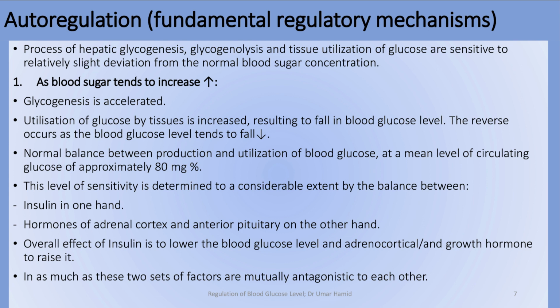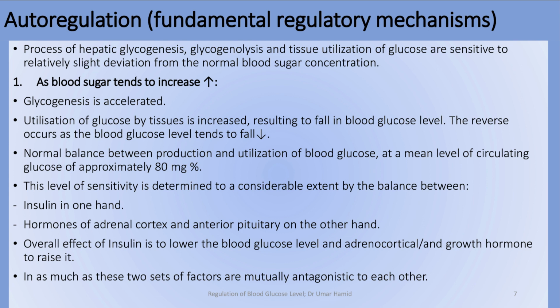Utilization of glucose by tissues is increased, resulting in a fall in blood glucose level. The reverse occurs as the blood glucose level tends to fall. Normal balance between production and utilization of blood glucose is at a mean level of circulating glucose of approximately 80 mg%.